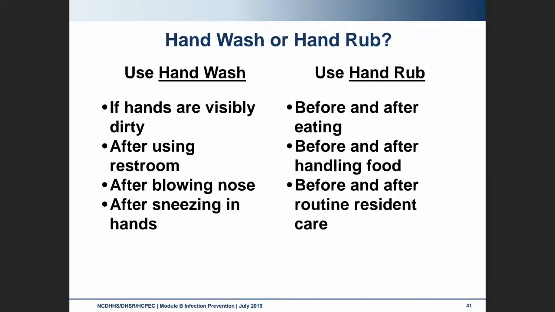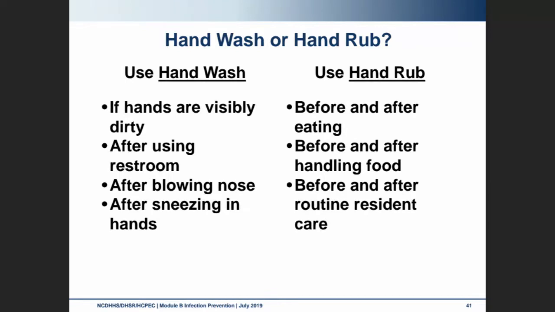Now, there are particular times when it's appropriate to use hand washing and the alcohol-based hand rubs or foams or gels. We need to wash our hands with soap and water if they are visibly dirty, after we've used the bathroom, after we've blown our nose or sneezed.